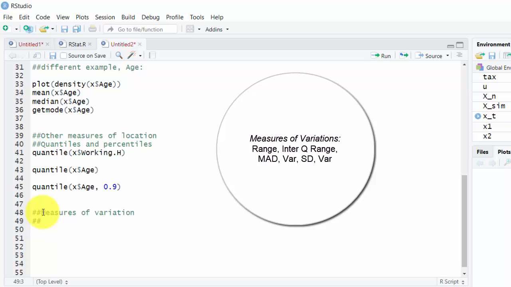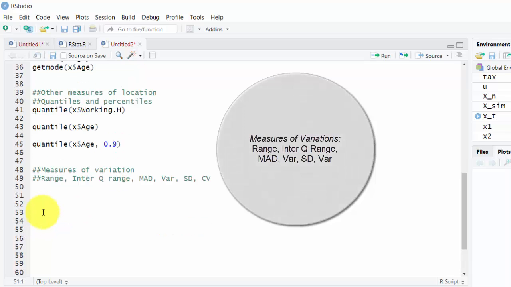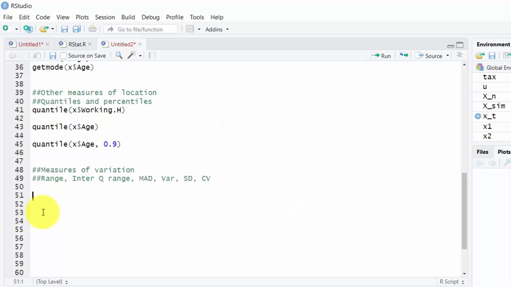And these measures are range, interquartile range, mean absolute deviation, variance, standard deviation, and coefficient of variation. But before checking the calculation of these measures in R, let's see how we can compare and see which variable actually has more variation graphically.